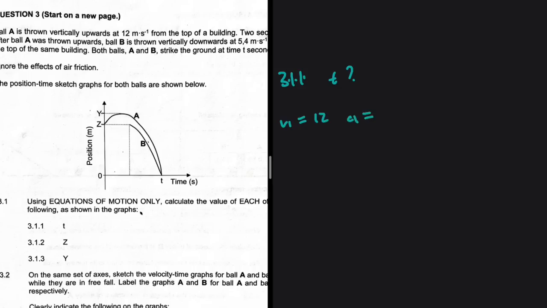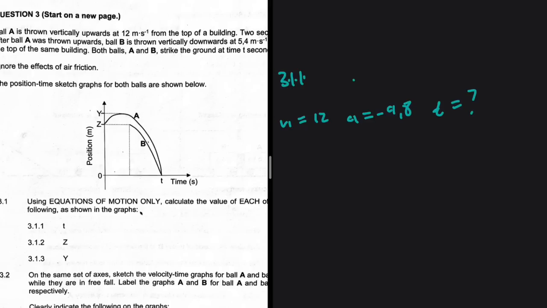The acceleration is minus 9.8, and I'm looking for time t. That is all I have for ball A. With two variables, I'm not going to be able to calculate the time. I need 3 so that I can pick an equation, and then the unknown will be the fourth.